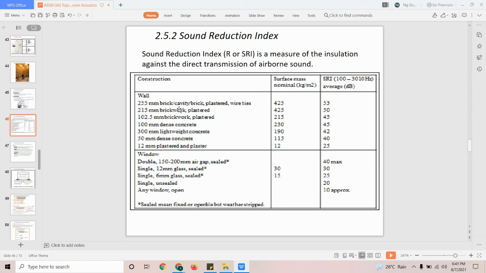Because if you have a very, very good composition or build up of the wall, meaning you have a double layer with cavity in the middle wall, as opposed to just a 50 mm dense concrete that's not able to reduce so much of the transmission of the sound, then that's where the difference comes about.